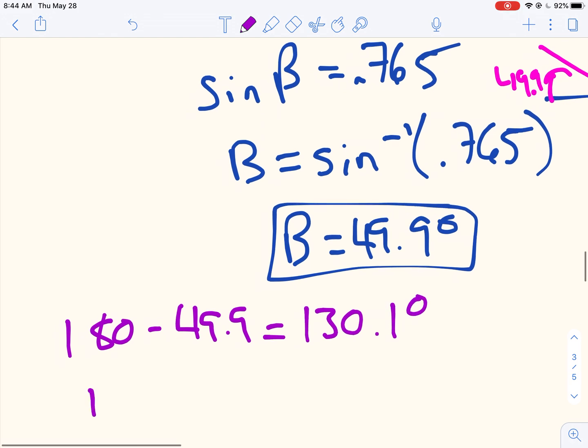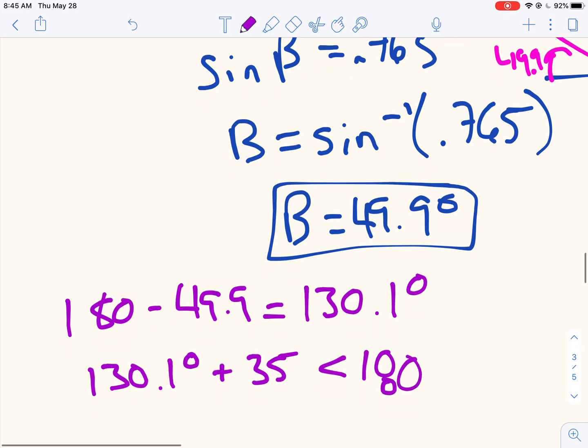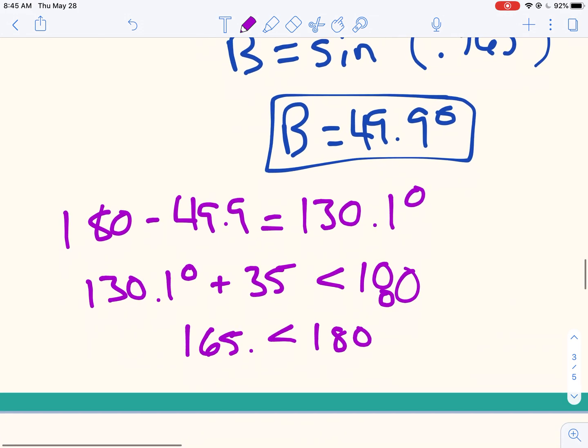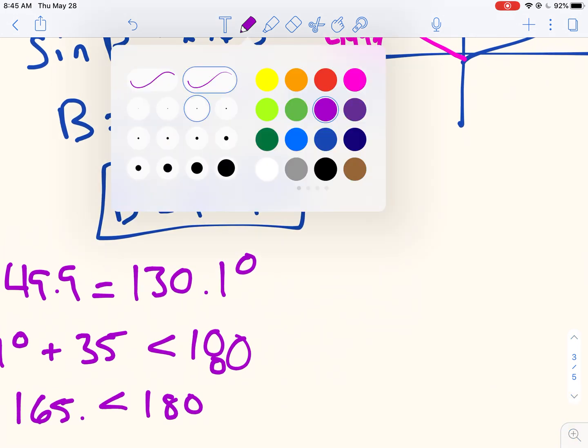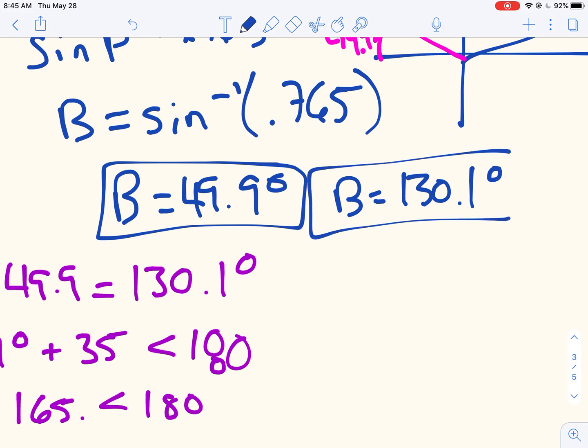Well, now I have to add that 130.1 degrees plus the 35 degrees. If this is less than 180, then I've got two triangles. And when you know it, 165.1 is less than 180. So that means B is also going to be 130.1.